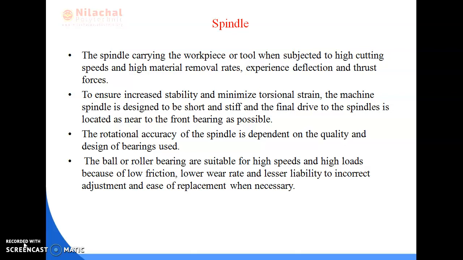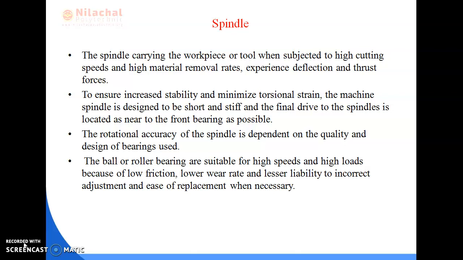To ensure increased stability and minimize torsional strain, the machine spindle is designed to be short and stiff, and the final drive to the spindle is located as near to the front bearing as possible. Means to remove the deflection, we should use a short length of the spindle.